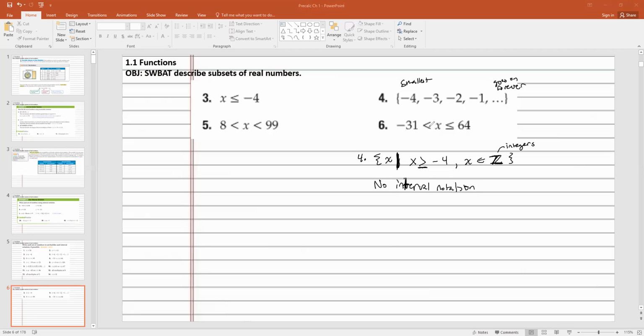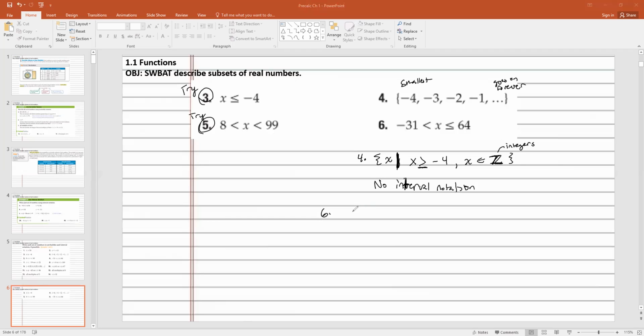Yeah, you can only do interval notation with the less than or greater than stuff. All right. And let's do 6 because it has that or equal to finally. And you could try number 5 and try number 3.